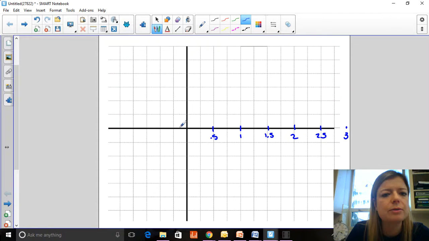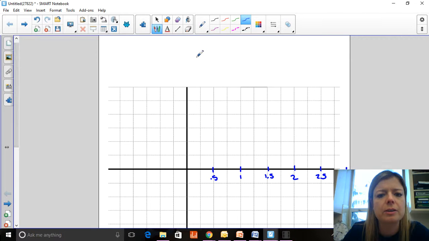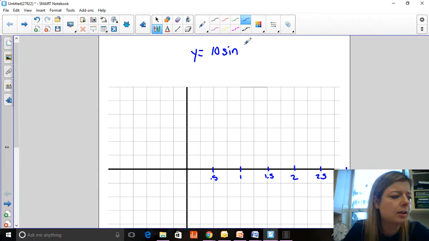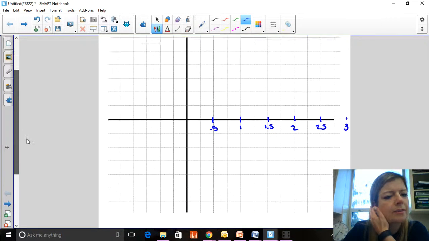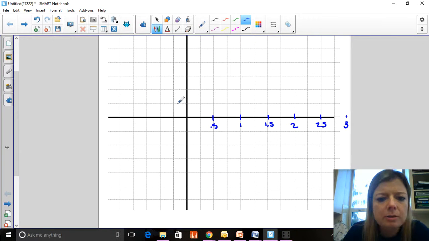So again, I'm going to apply my axis. So let me put the equation here. 10 sine 2 pi (t plus 0.75) plus 15. So again, our axis is 15, so I'm going to go up to 15. So I'm going to go up in terms of 5.